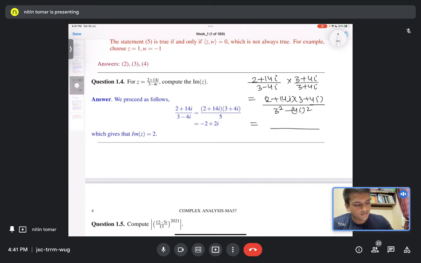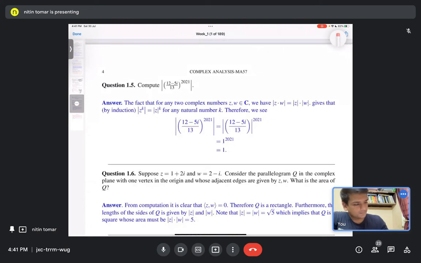In the denominator you will have 9 minus 16 iota square, and it will give you 25. You fill in the numerator, and it will turn into some form a plus iota b. This b will be your imaginary part, assuming that I have done the calculations correctly.